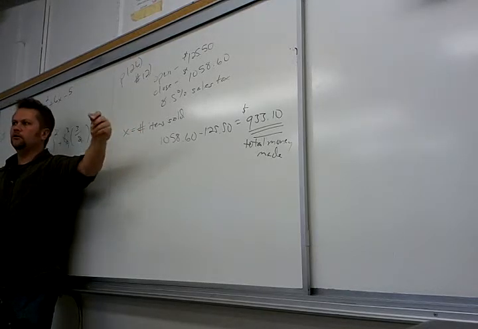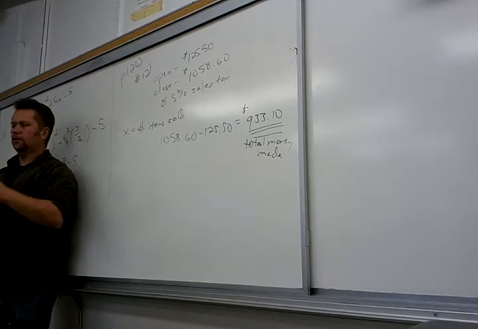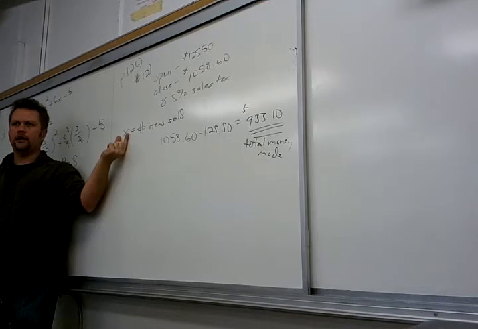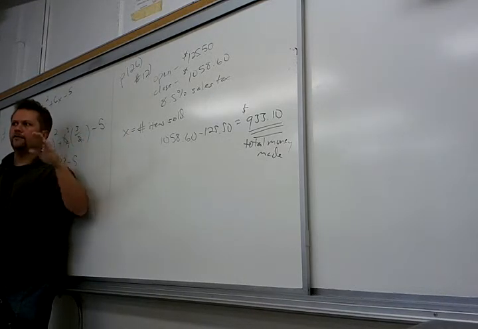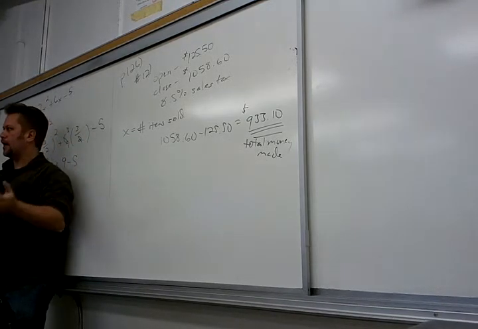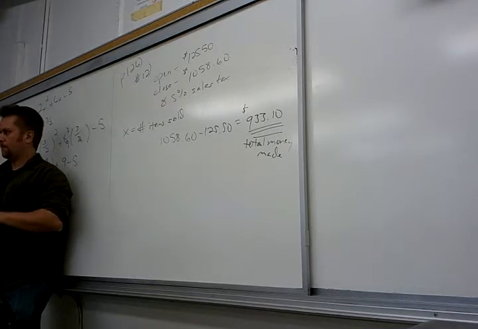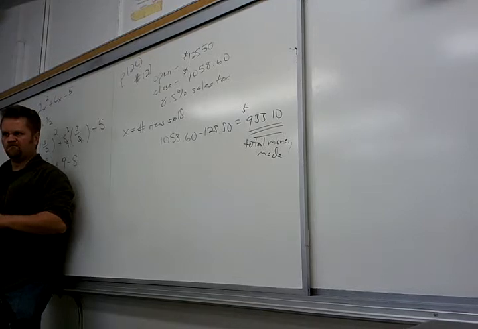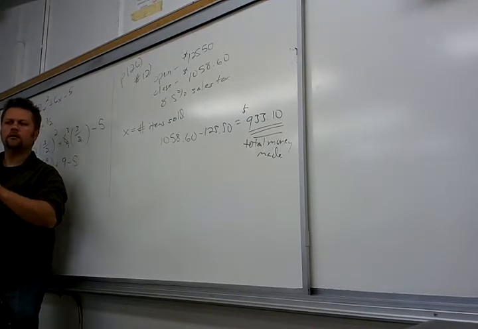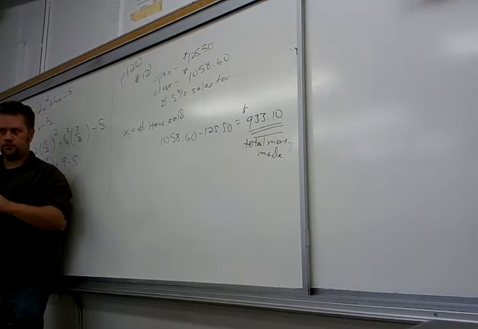As I make a sale, not only will they have to pay me $1 for everything I sell, they also have to pay tax on top of that. So I did X plus 8.5% times X equals.